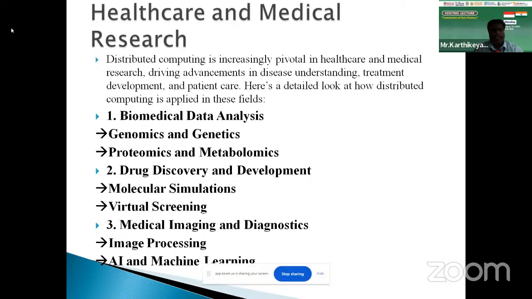And AI and machine learning: distributed computing supports AI and machine learning models that can analyze medical images for pattern recognition and diagnosis. These models can be trained on large datasets spread across multiple servers to improve predictive capabilities.